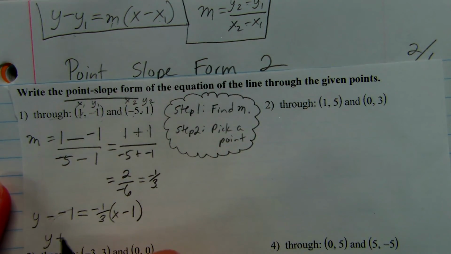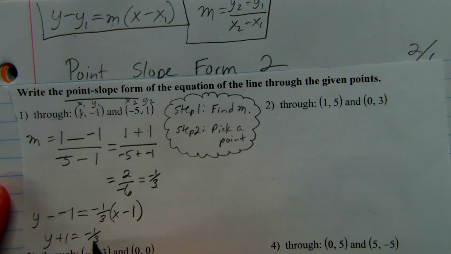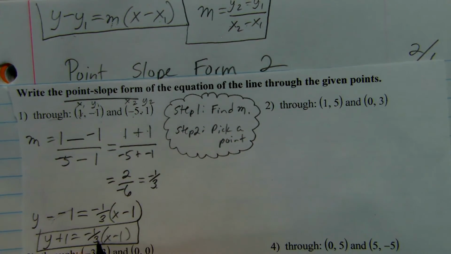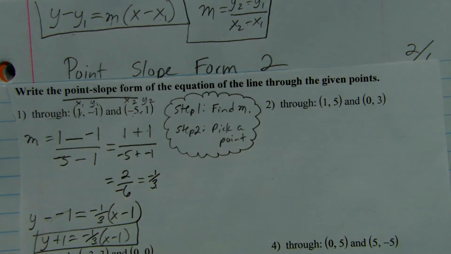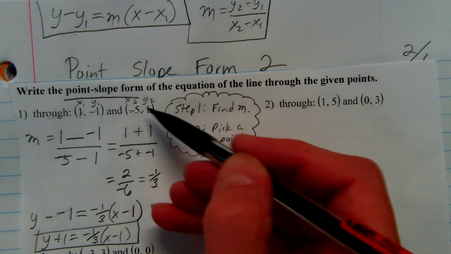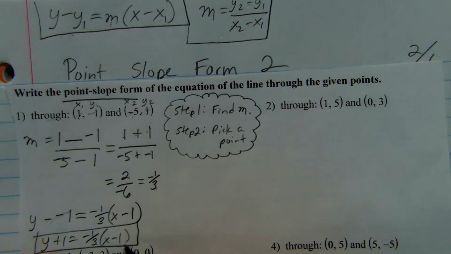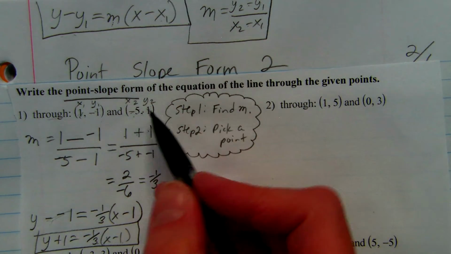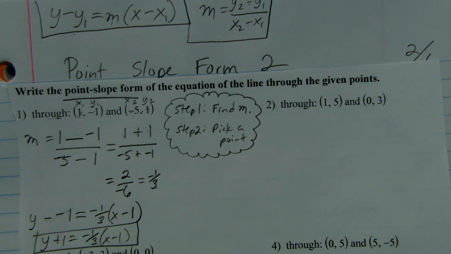So it'd be y plus 1. So for this first part, we are just trying to get the slope in there, and then you could pick the other point. I could pick this point to go down here, which means there's actually 2 possible answers, and if you decide to do that one, I'm okay with it. It just means that we have 2 possible answers.